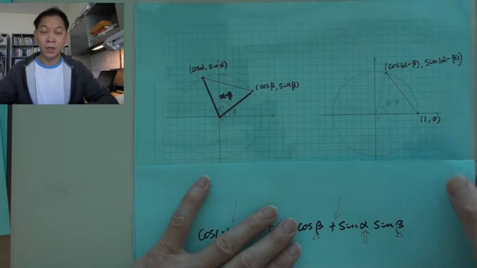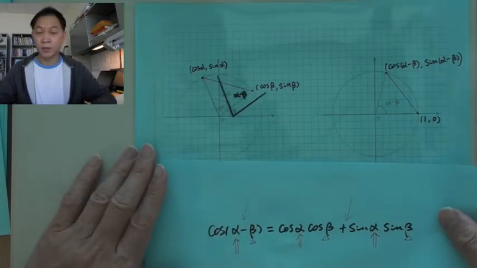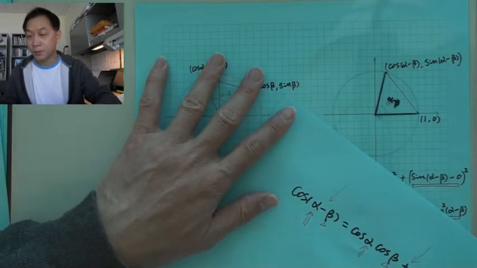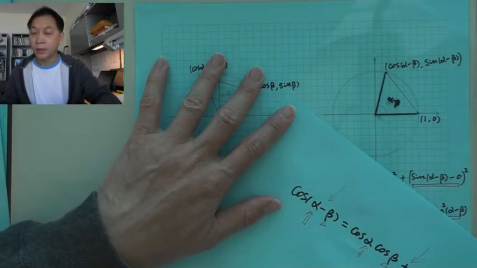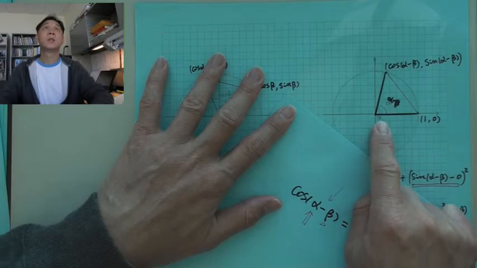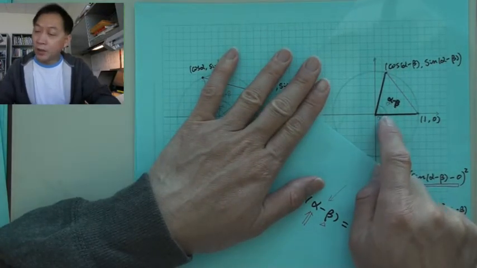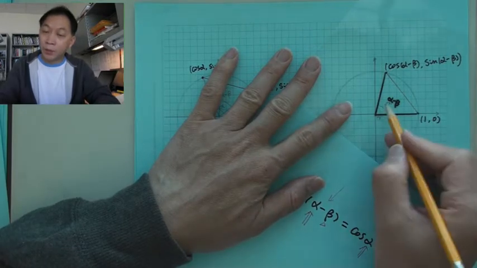You see, I'm moving this one to here. So the angle alpha minus beta would be clearly the one right here.